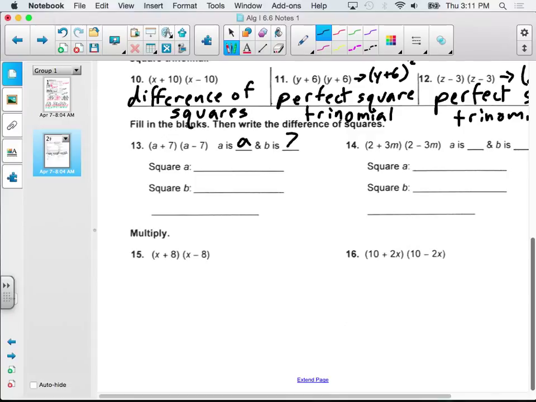So we square a, a squared, and 7 squared is 49. So what we should be left with is what? Minus, because it's a difference of squares, so there should be a subtraction sign in there, right?